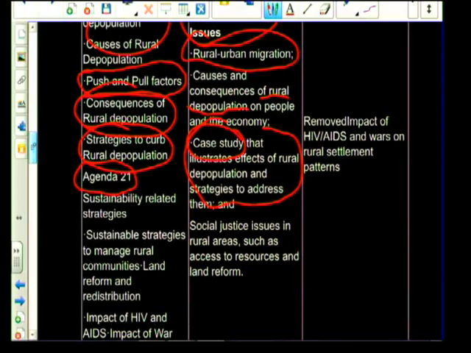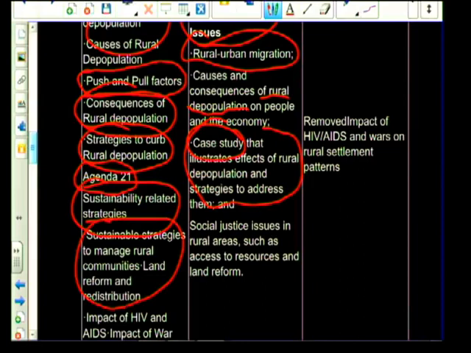Can you see? Similar again, sustainability related issues, all right? All these things come. Managing rural land. Here we call it under social justice, where you do land reform, redistribution of land, etc. All these aspects are in both cases.